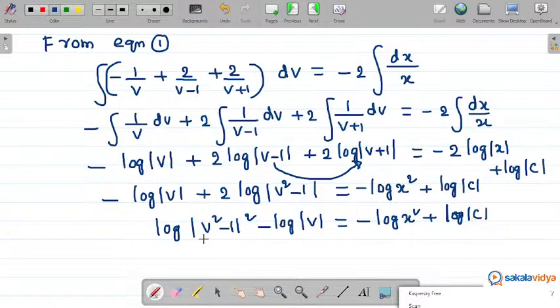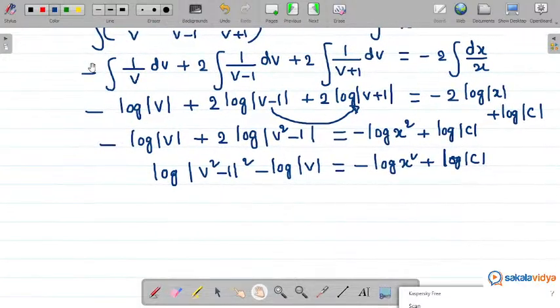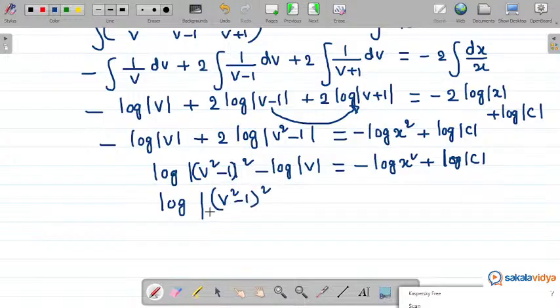This is log a minus log b, log a by b you can write. So this we can write now: log of mod v square minus 1 whole square by v is equal to log mod of c by x square.